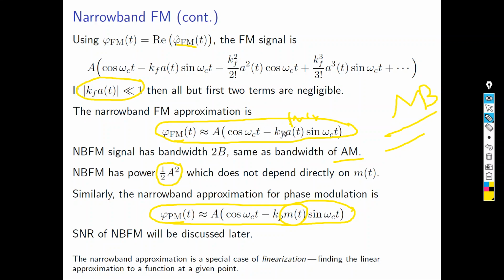A of t is basically the integration of m of t as we defined it, and in phase modulation it changes directly with m of t. So this is now clear. We understand that the bandwidth of a narrowband signal is 2B, and the power is half A squared, which is similar to amplitude modulation, kind of, but you are not changing the amplitude.